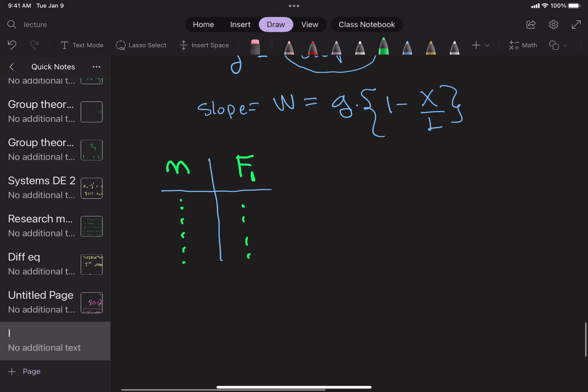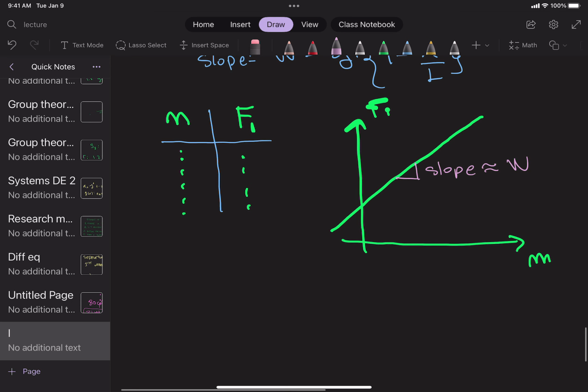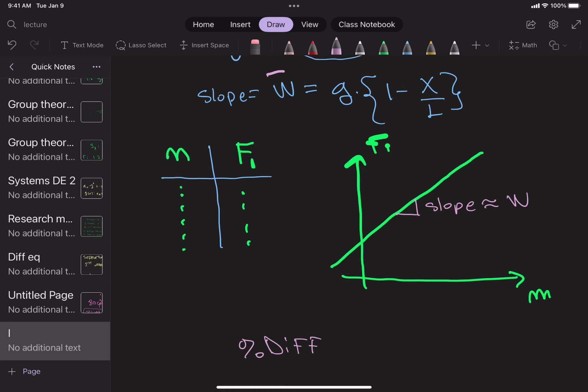Once you've done that, you're going to plot F1 on the vertical axis and the mass on the horizontal axis. And again, you'll get a straight line. But now the slope for that straight line is going to correspond to that variable w. You'll complete this experiment by taking, again, a percent difference between your actual calculation for w using this formula and the slope that you get from your graph.